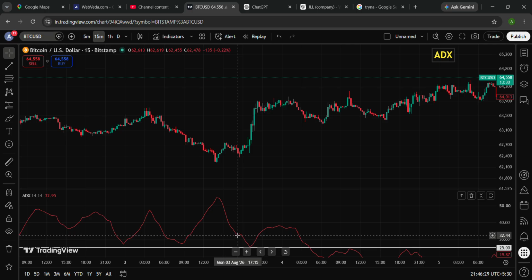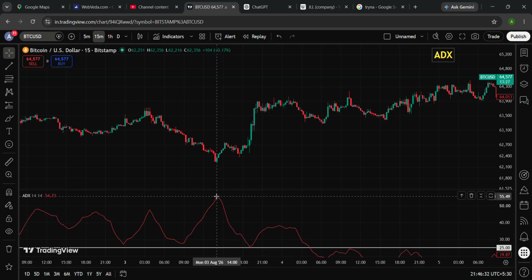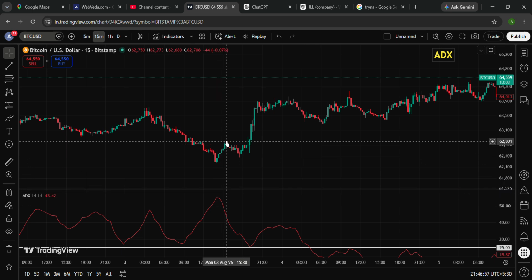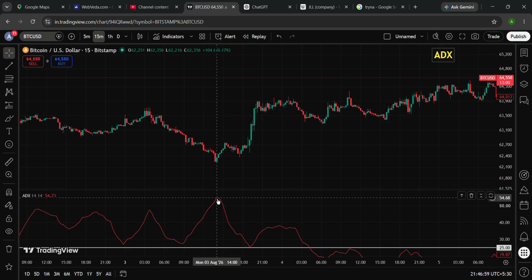From the top to the bottom, the ADX tells us that this is not the power of the trend, and you should not get into the trend, because understand, when there is a green candle going upward and the ADX is moving downward, that literally tells us the lack of power in the trend.